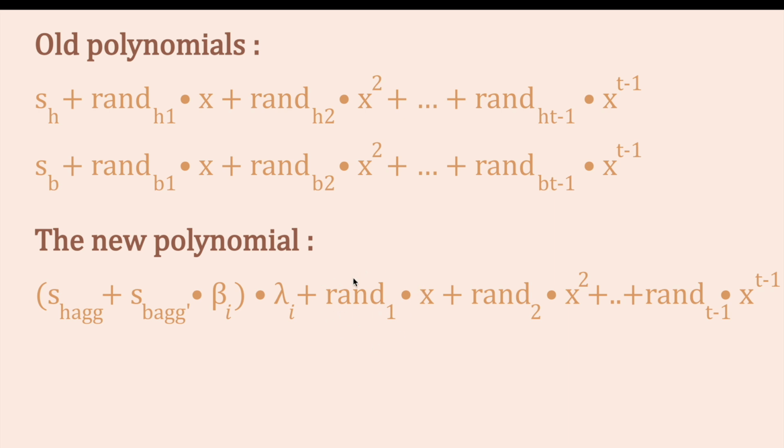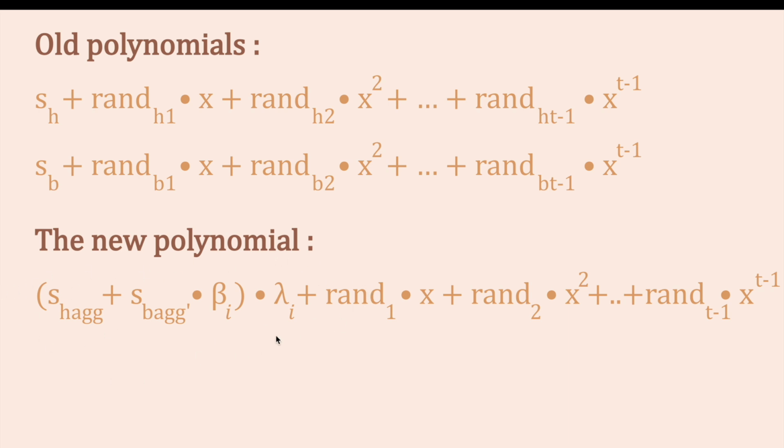So I pick new random values. And t is a new value, right? You can resize t as well. You can change the threshold parameters. So effectively, you create a new polynomial with new random variables and the new t value, but the constant term is not random.